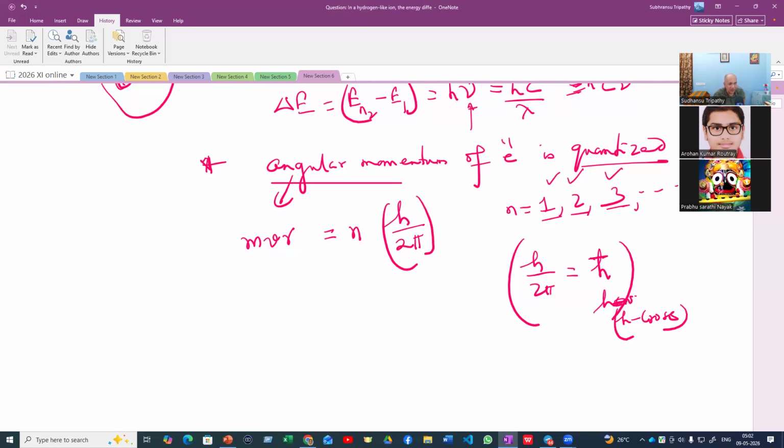So this is the last but one postulate, and the last was not a postulate but the expression of energy value.